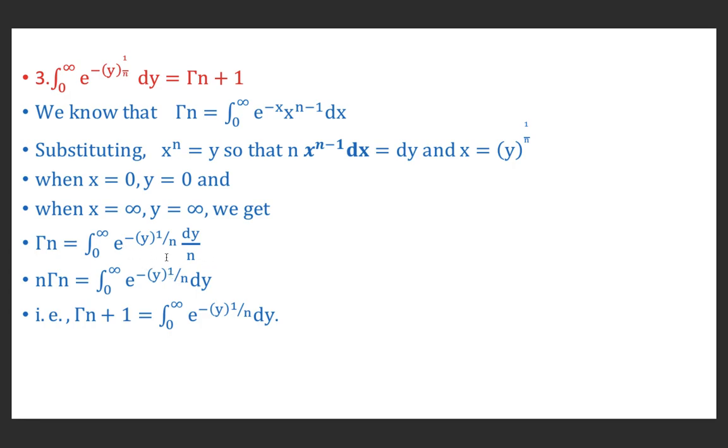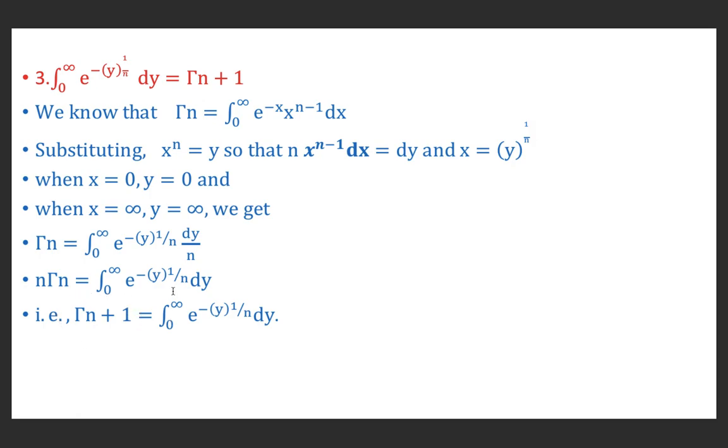Here I have substituted x raised to n equal to y and n x raised to n minus 1 dx equal to dy, because e raised to minus x is y raised to 1 upon n, and x raised to n minus 1 dx, shifting this n to this side, will be dy upon n. So n gamma n is nothing but gamma n plus 1, we have proved it.